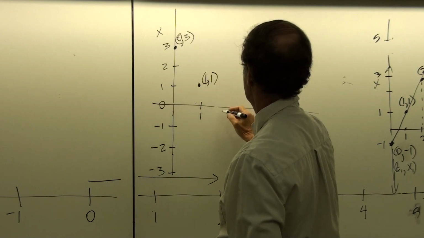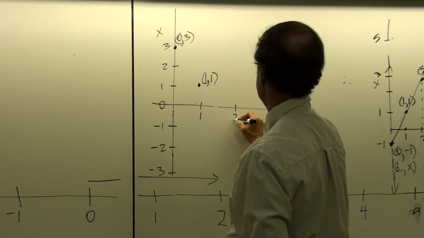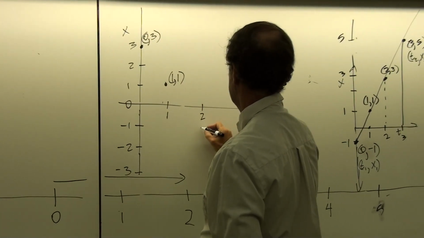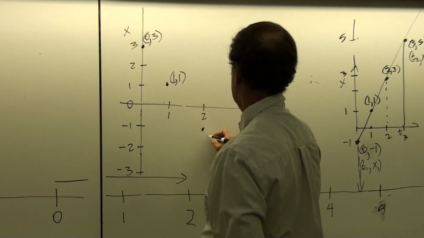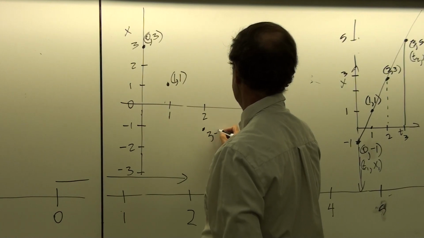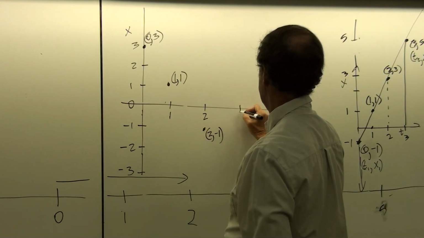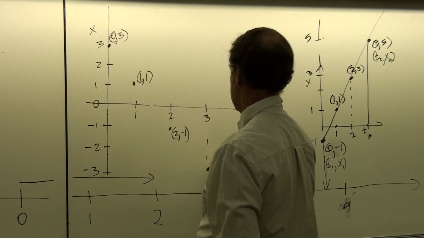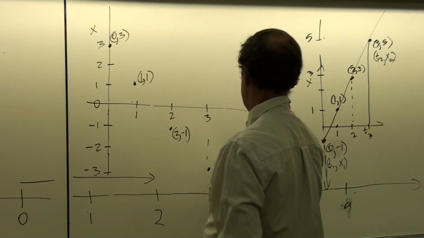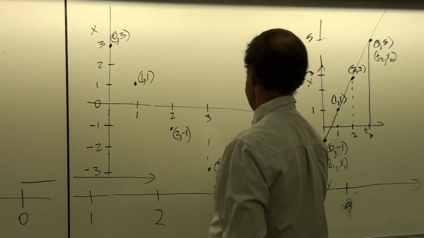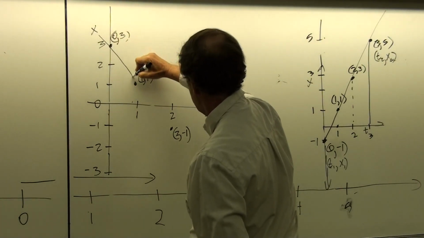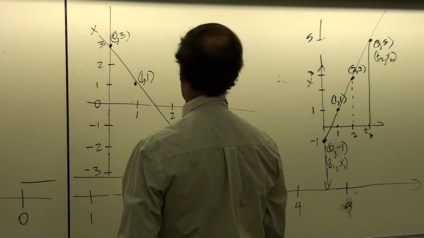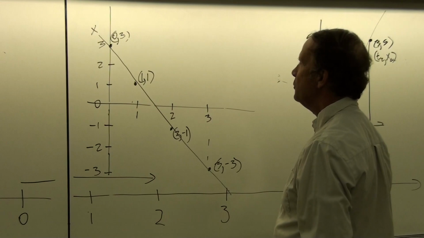Okay, then after 2 seconds, we're at 2, minus 1. Then after 3 seconds, we're at 3, minus 3. So then if I've drawn these carefully, I see that, yes indeed, I've got a negative slope.